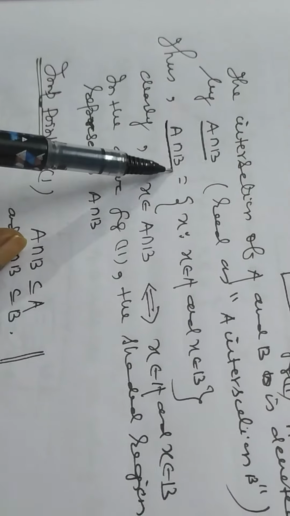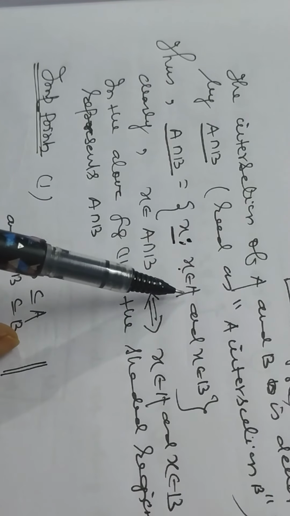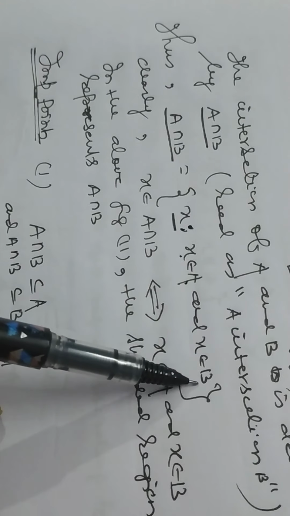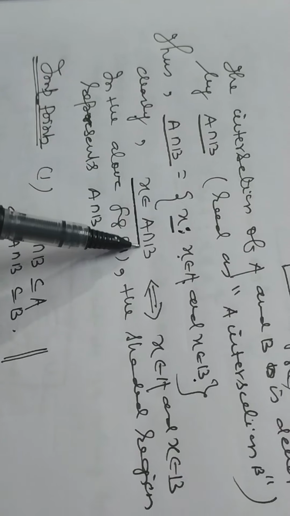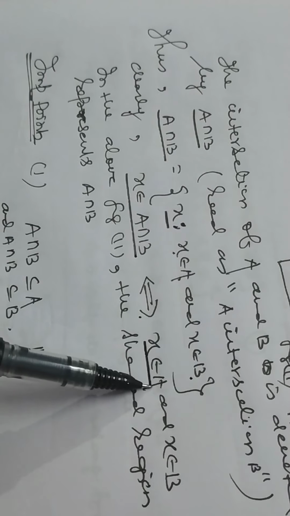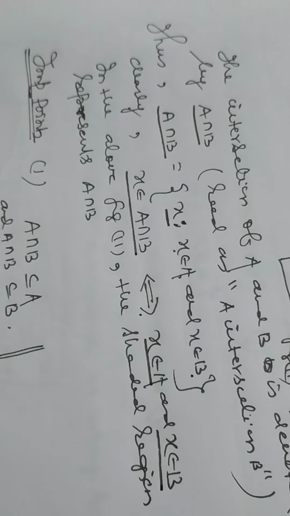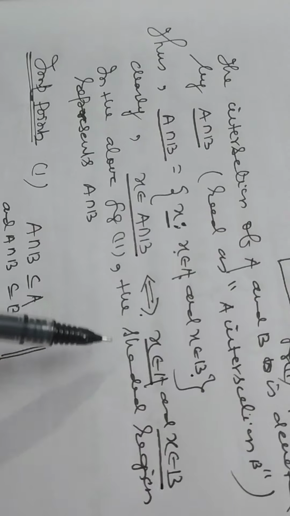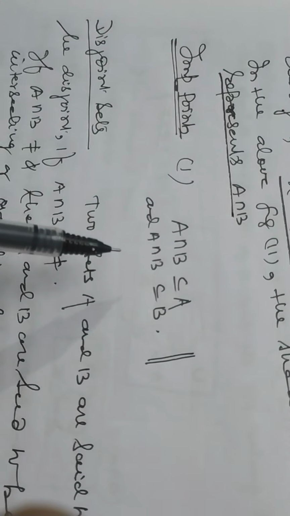A intersection B is the collection of elements x, how will you read this? Such that x belongs to A and x belongs to B. Clearly, x belongs to A intersection B if and only if x belongs to A and x belongs to B. In the above figure 2, the shaded region represents A intersection B.